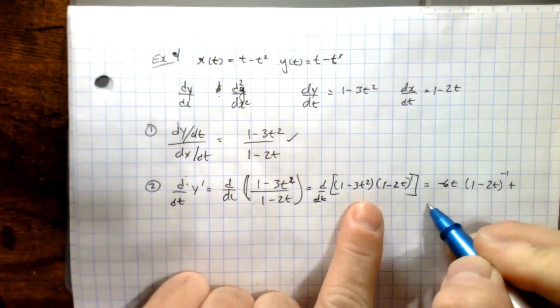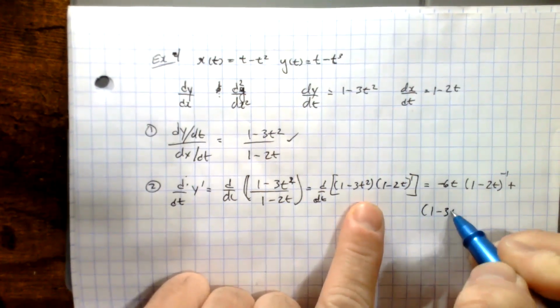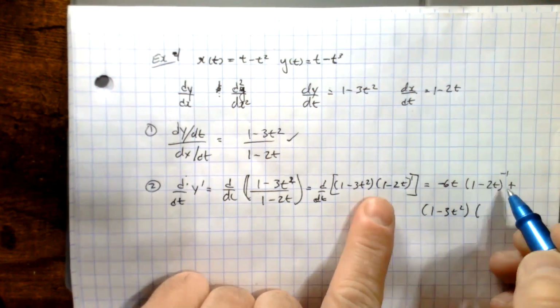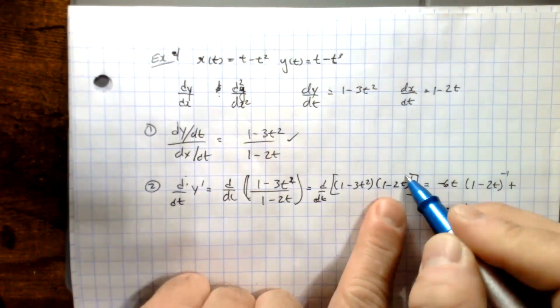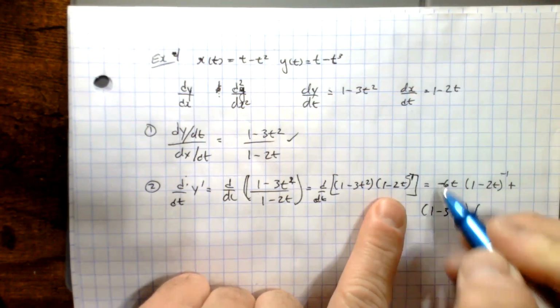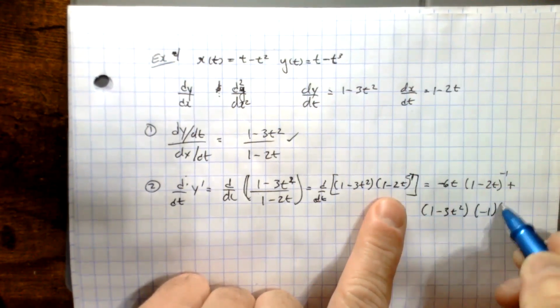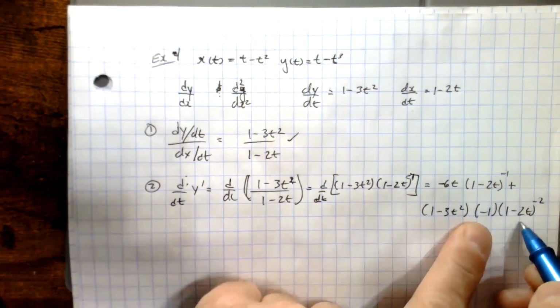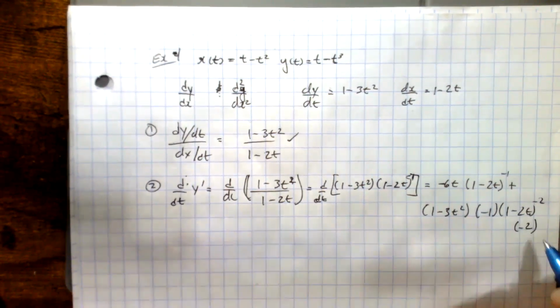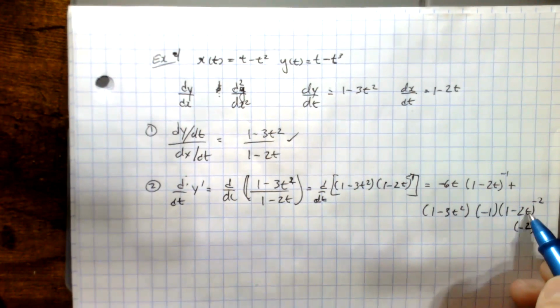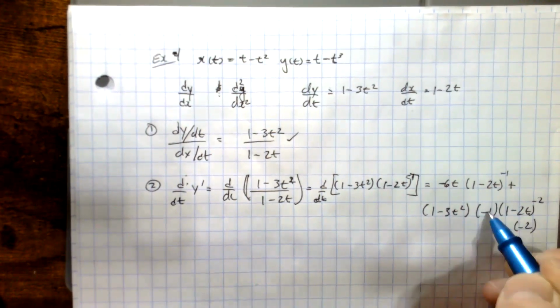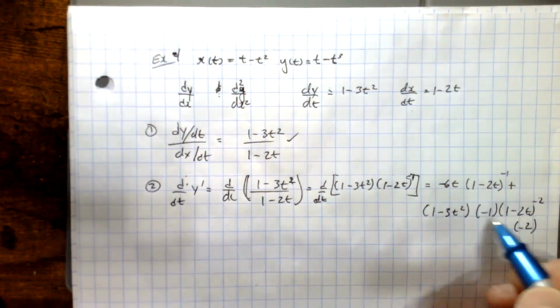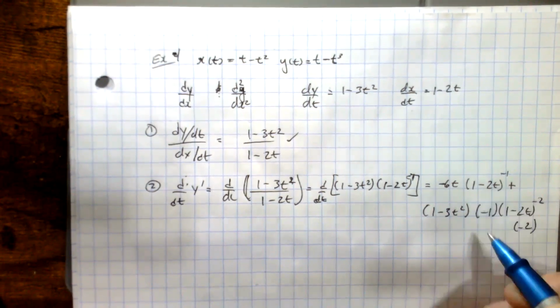So the first one's going to stay the same, 1 minus 3t squared. The derivative of this, this is a negative one here. Now we're going to bring that negative one down and have 1 minus 2t to the negative 2. And now the derivative of the inside is going to give us a negative 2 from the derivative of 1 minus 2t. Now the negative 2 and the negative 1 are going to cancel out the negatives, and so this will maintain a positive.